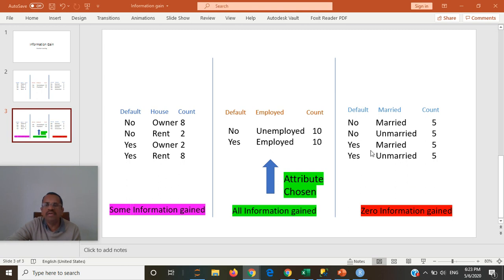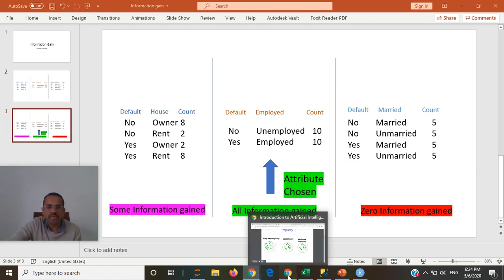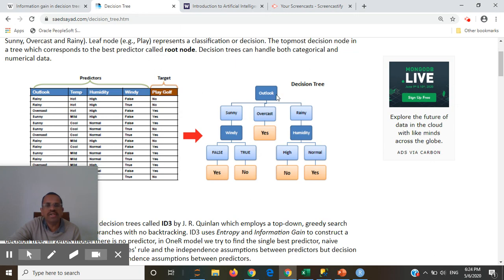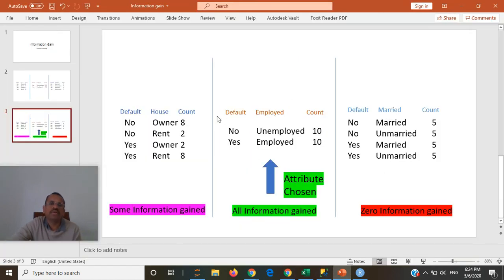Zero information is gained from this marital status attribute, and a little bit of information is gained from this house attribute. So without touching a single equation, we can come to a conclusion, and we can choose this attribute for our decision tree. So for this decision tree, this outlook type is chosen for the first division depending on what happens here. If the attribute is giving maximum information gain, then we choose that attribute to divide our tree.